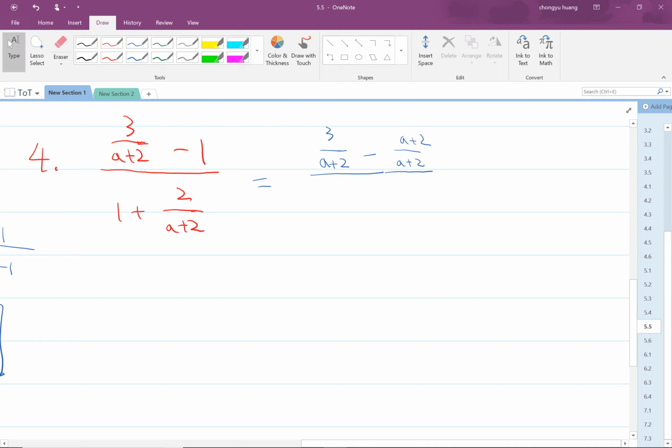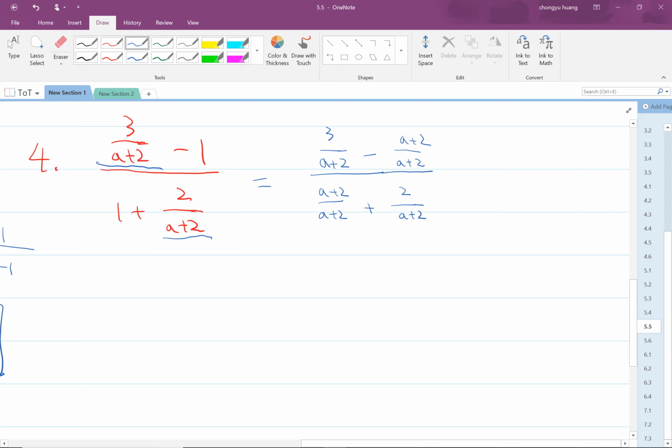right? Okay, and then on the denominator what we have is basically 1 is also a plus 2 over a plus 2, and then we have plus 2 over a plus 2, right? So you may ask me why you want to make 1 into a plus 2 over a plus 2, because we want to make them have the same denominator, right?